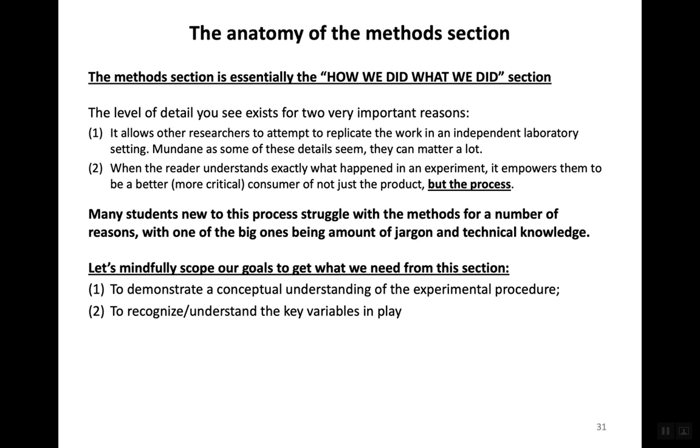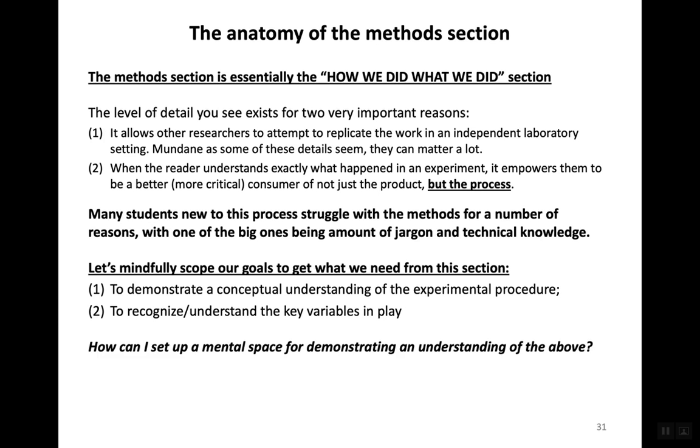If you haven't been actively involved in research, and if you're new to this field of study, you're not expected to understand and to keep track of all the little details that experienced, seasoned researchers might care for. So try to demonstrate a conceptual, a broad understanding of the experimental procedure, and keep track of key variables in play. So how would you go about doing this?